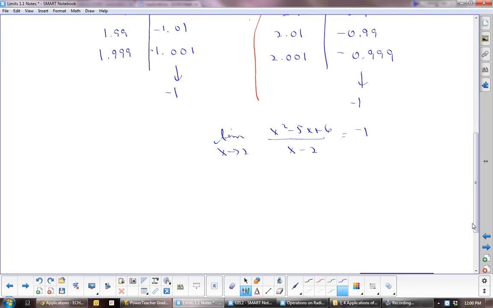Now, if you wanted to, though, and we're going to work more with this tomorrow, you could factor this, and sometimes you're able to put 2 right in. So if we factored the top, let's go the limit as x approaches 2 of x minus 3, x minus 2, all over x minus 2.